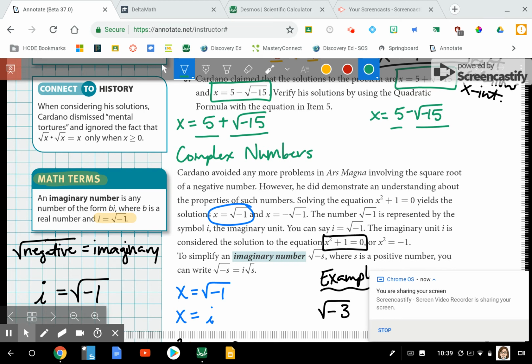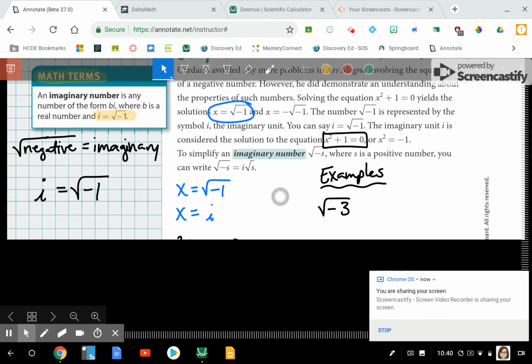These complex numbers have a real number and then an imaginary number. So how do you know if you have an imaginary number? You know you have an imaginary number when you have a negative underneath the square root.